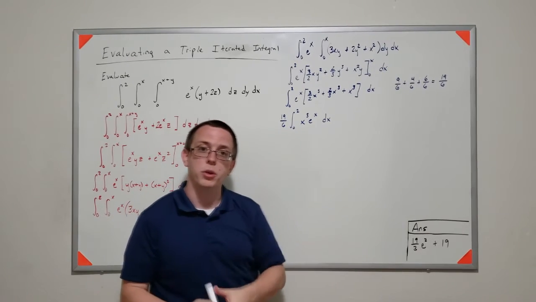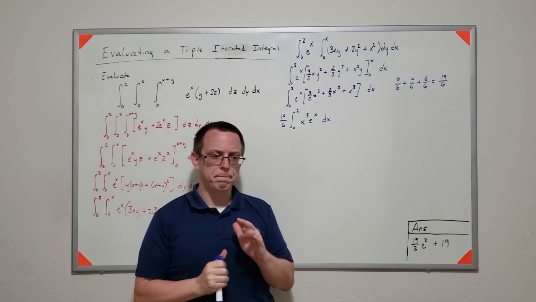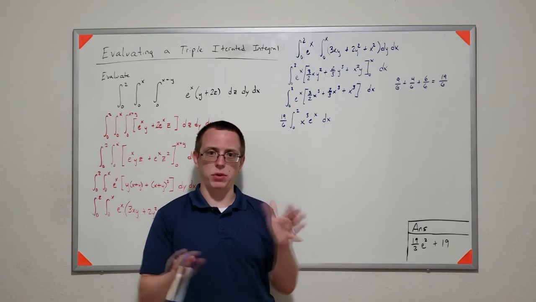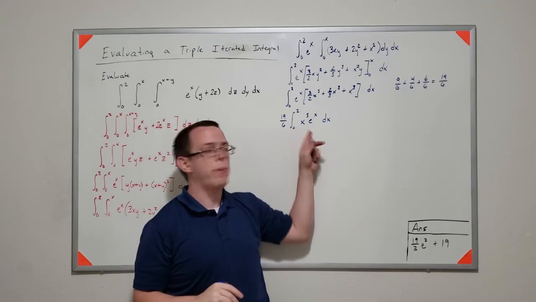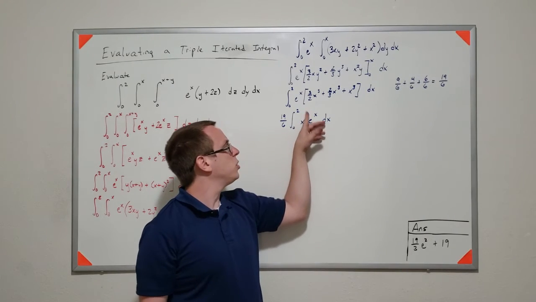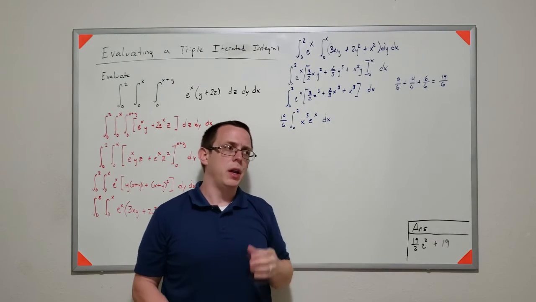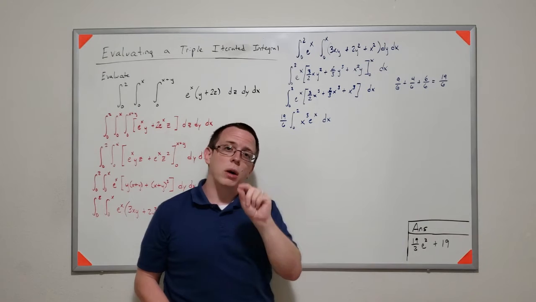There's a couple ways we could do this. One is to use a table, right? There's tables for x to a power times e to the x. Simple, easy peasy. I think usually it's x to a power e to the alpha x that you see. But I'm going to show you a trick.